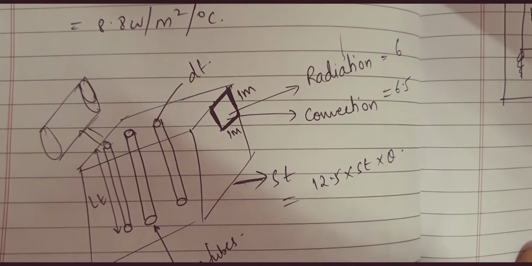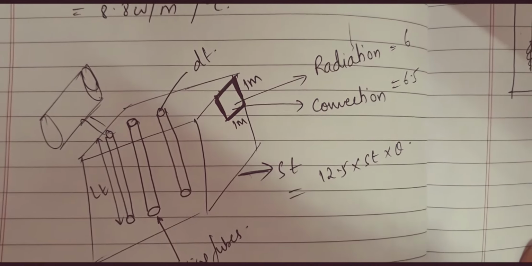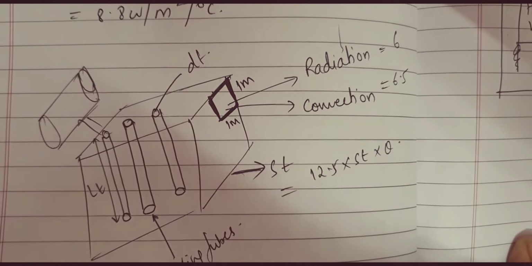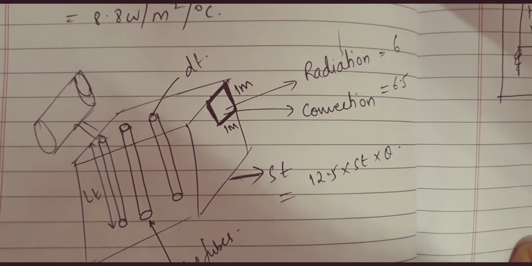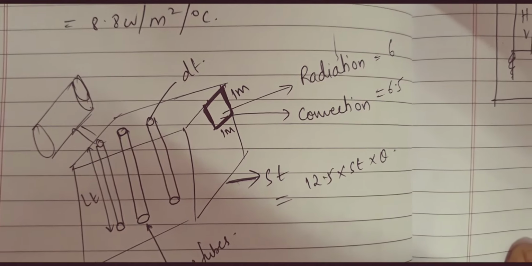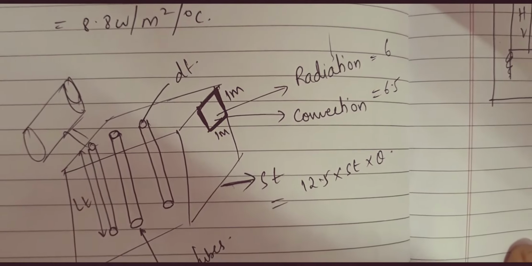Now let us say St is the total surface area of this transformer. Therefore, whenever there is an increase in temperature, the transformer is going to dissipate heat energy to the surrounding by two ways, that is radiation and convection.